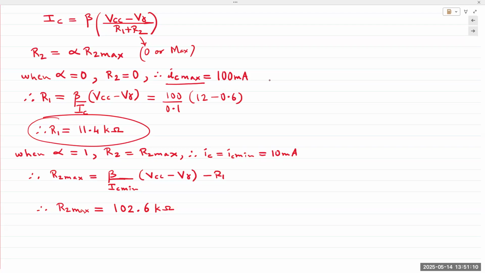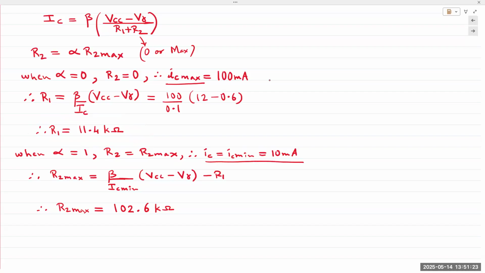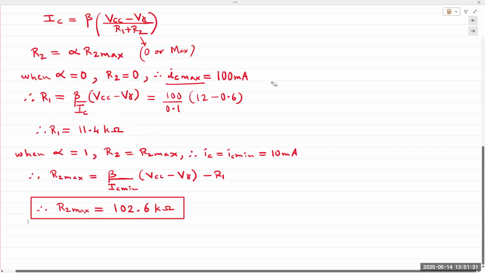Now we go to R2 max. The maximum value of R2 would give us the minimum value of the collector current, which is 10 milliamps. We plug that in and we can calculate R2 max, which is 102.6 kilo ohms.